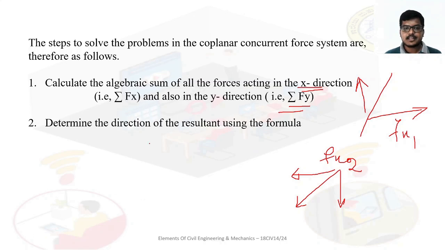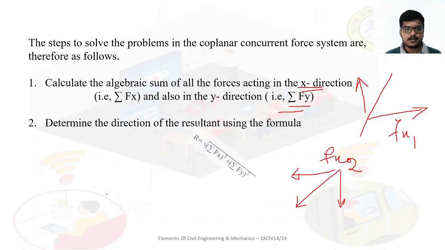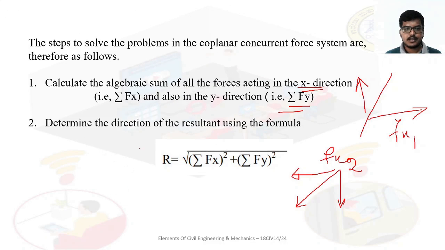Next, determine the direction of the resultant using the formula. How to determine? Alpha is equal to tan inverse of sigma Fy by sigma Fx. We have to find first the resultant. Resultant, how we need to find?